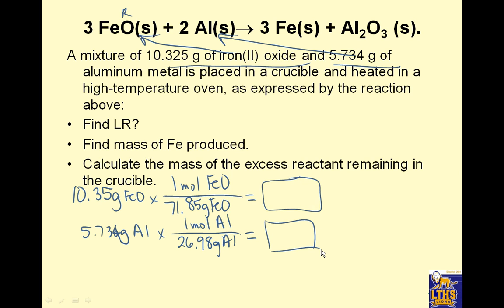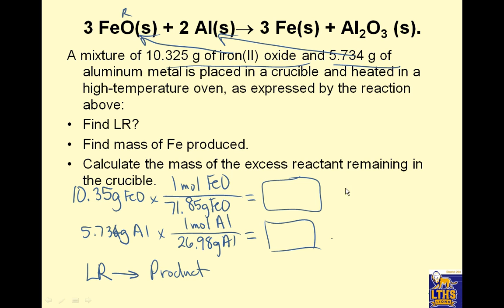All right. Step 1, grams to moles. Got it. Then pick one of those two and change it into the other one. Then, whichever one of those is limiting, use the limiting reactant to turn it into product. All right.